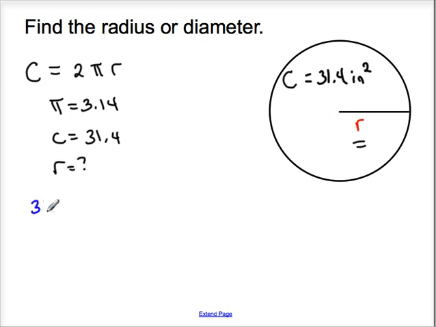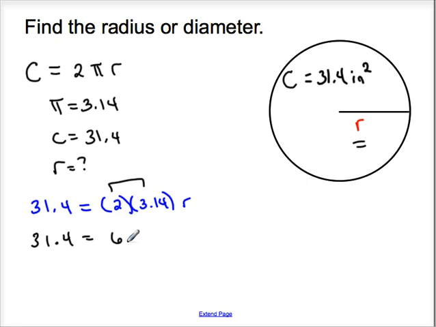So we have 31.4 is equal to 2 times 3.14 times my radius. I'm going to combine like terms here. I have 31.4 equals 6.28 r, and now we have a one-step equation. I'm solving for r, so I need to get rid of the 6.28, and I do this by dividing by 6.28.